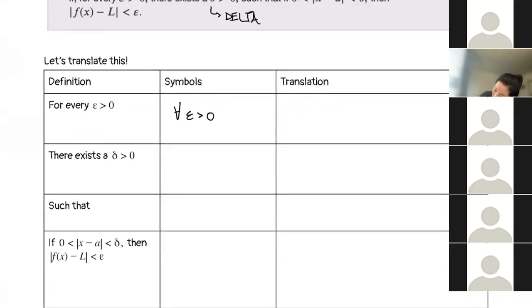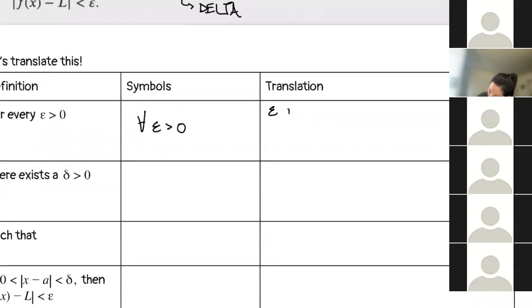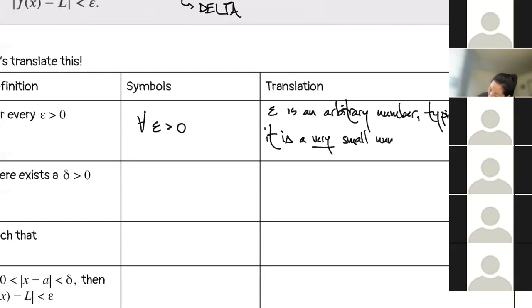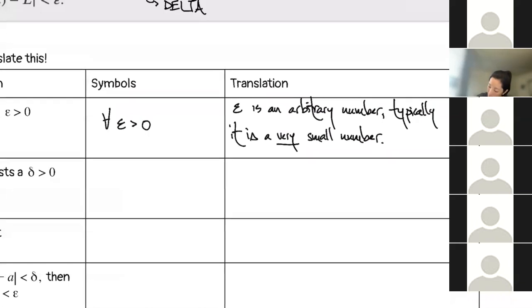Here are some things to know. Epsilon is an arbitrary number, typically a very small number, and it goes with the Y values.